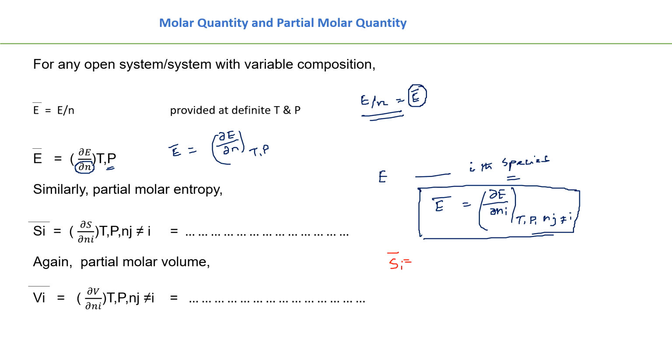Si bar equals del S by del Ni at constant T, P, Nj not equal to Ni, right? If we want to write the partial molar volume, del V by del Ni at constant T, P, Nj not equal to Ni, right? Simply.